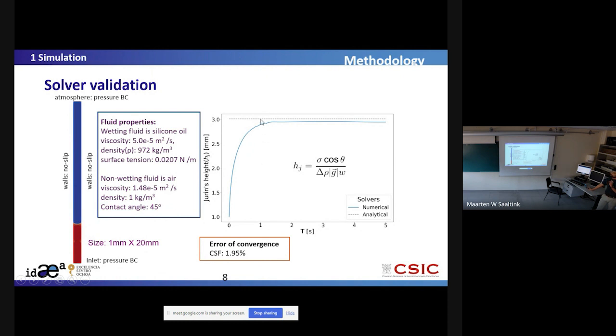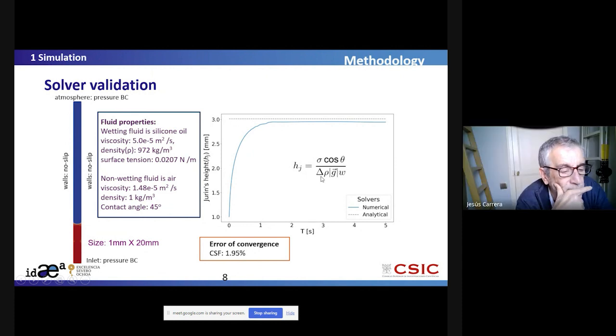And here we observe that at some point, after 1 second, it plateaus and converges. This dotted line is the analytical solution. And what we observe is that the convergence error from our numerical solver was around 1.95.